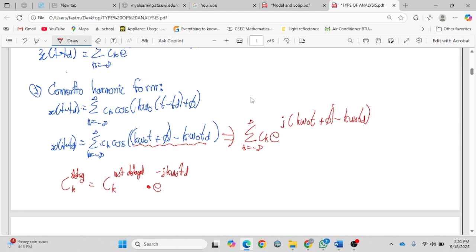And then we clearly see that subtract, or we could say add. So when you're multiplying, you add the powers, so you could technically split these exponentials up even more. So you get e to the j k omega naught t plus phi, and then you have e to the minus j k omega naught td. So that's after you split it up.